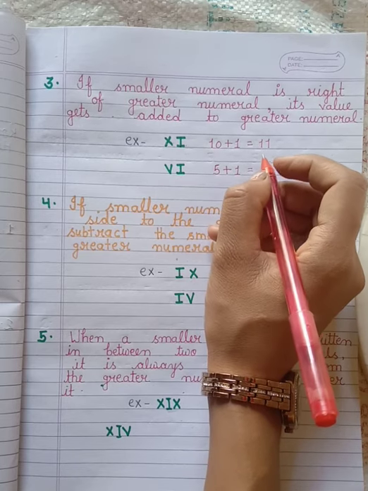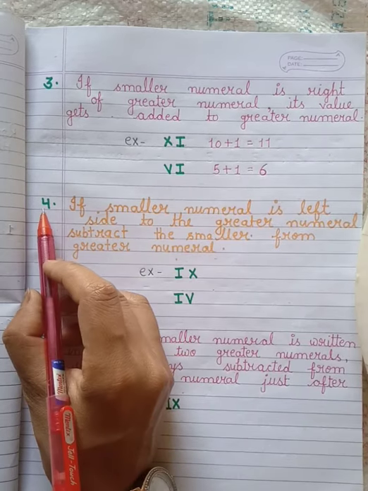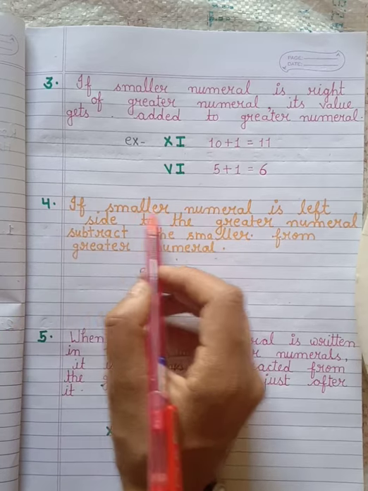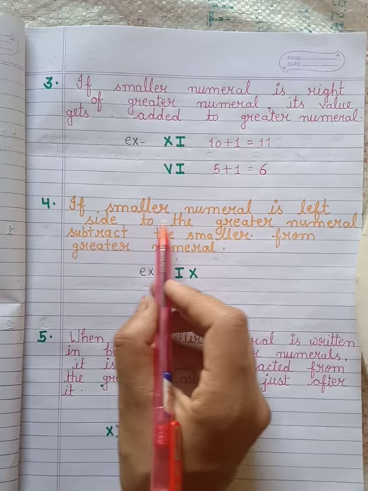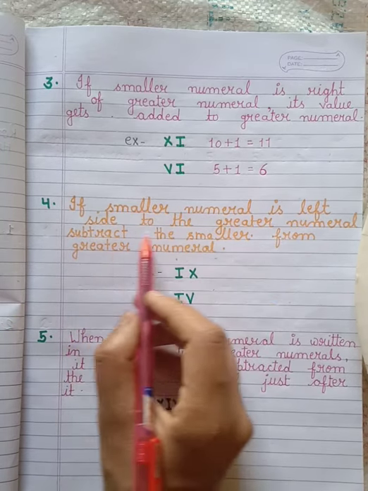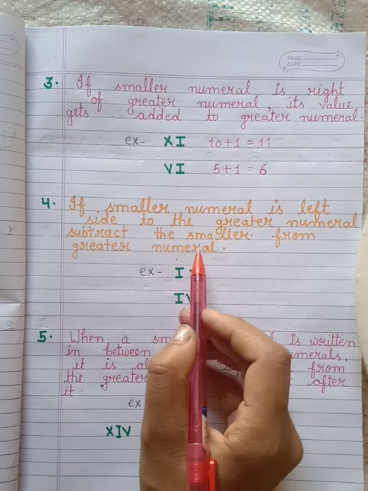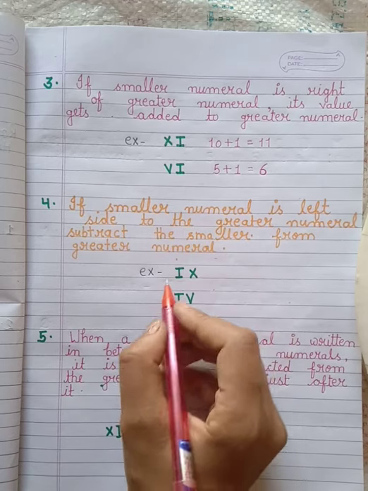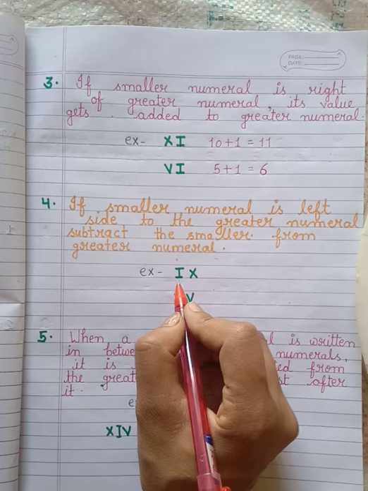Now the next rule is rule number 4. If a smaller numeral is to the left of the greater numeral, subtract the smaller from the greater numeral. Here the example is IX.